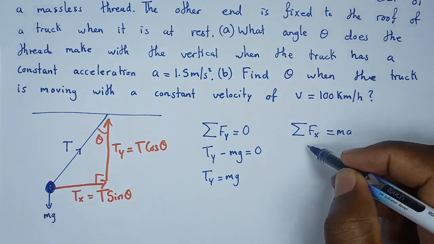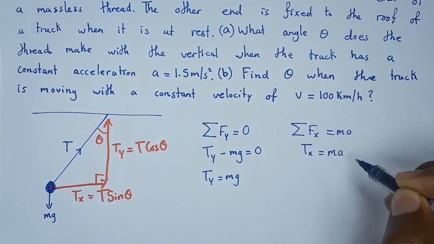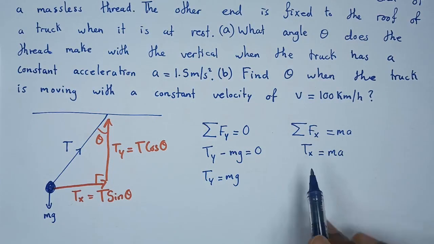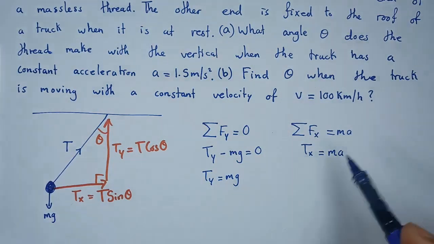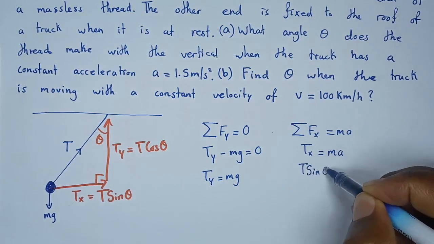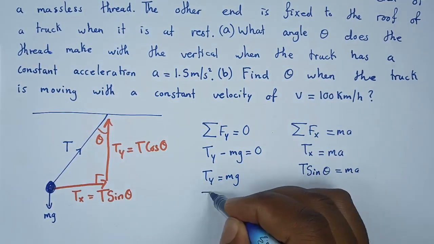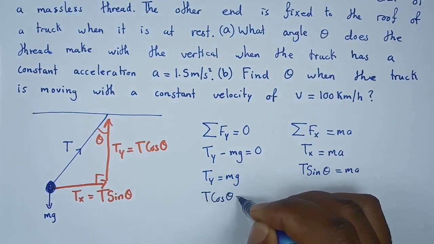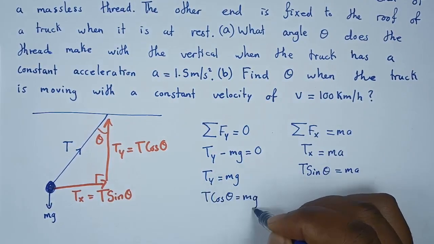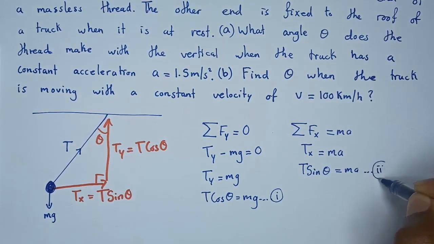Remember, Tx is T sine theta. So we have T sine theta equals ma. Here we have Ty, which is T cos theta equals mg. Let's call this equation 1, and this equation 2.